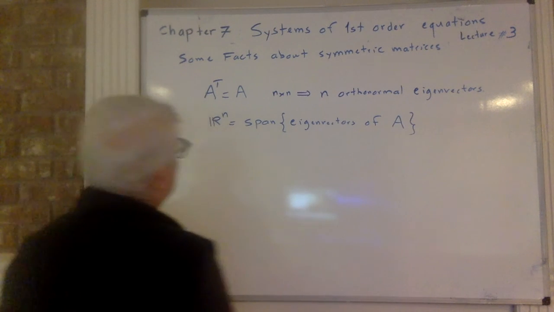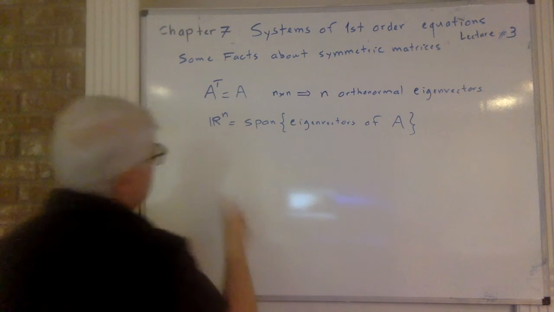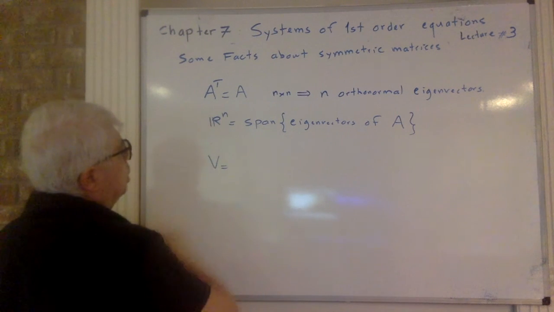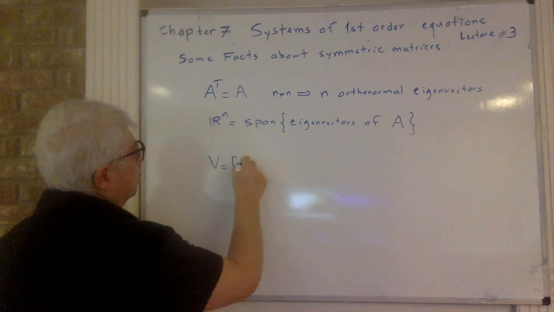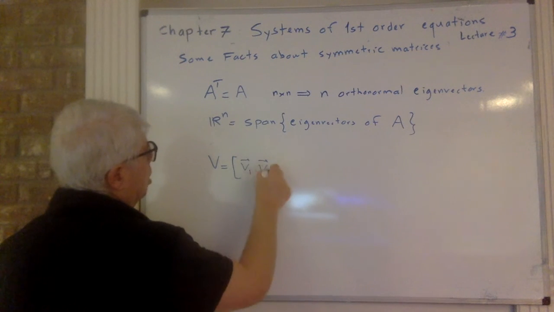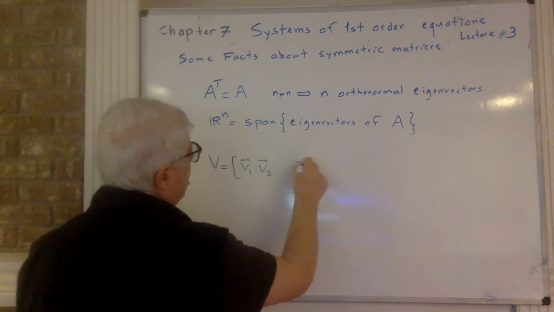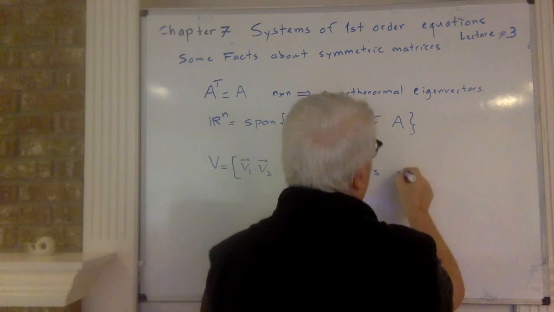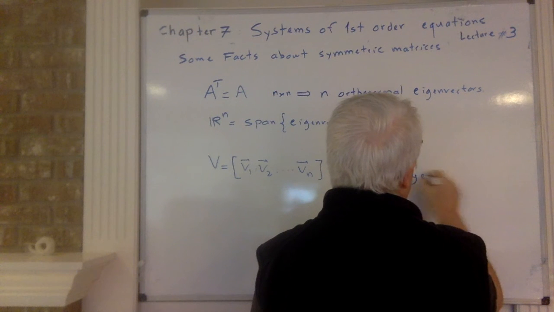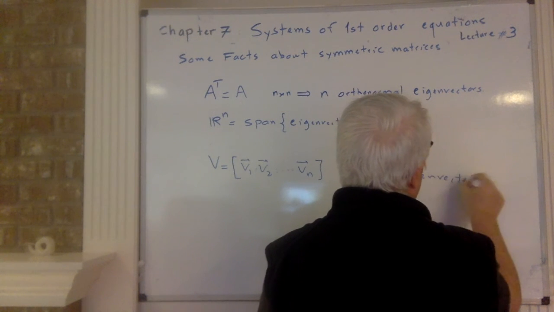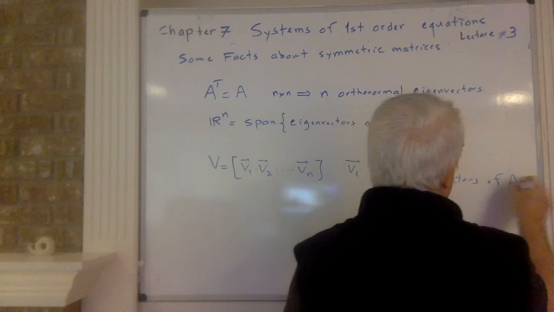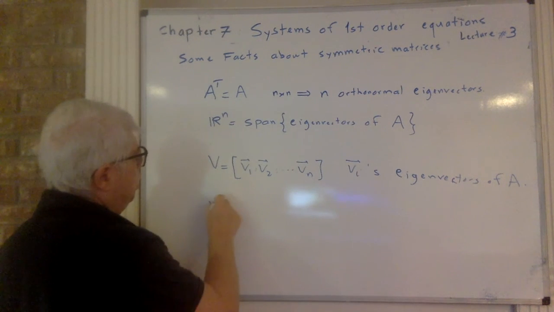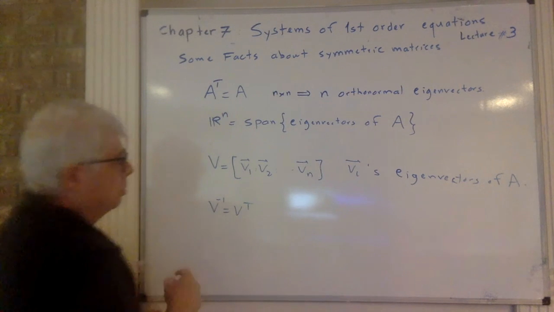Another thing is, if I gather them in a matrix like this, with the Vi's eigenvectors of A, then V inverse is V transpose, right?